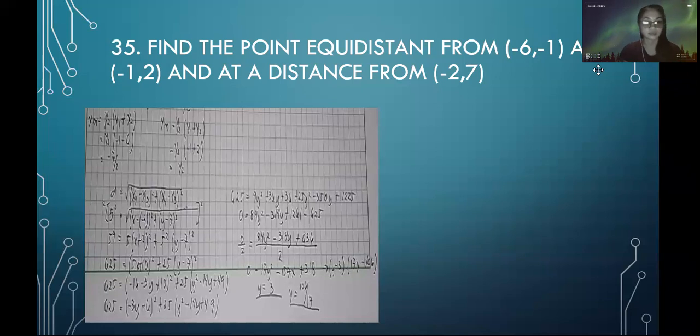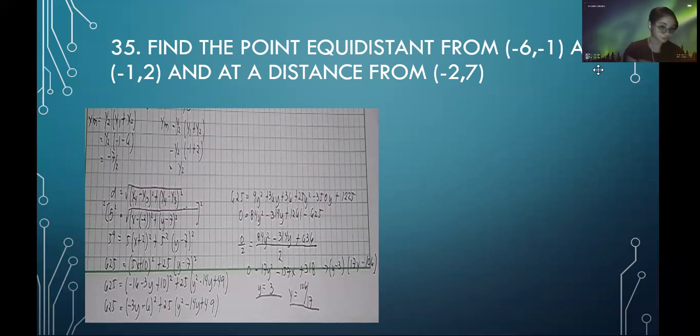Then substitute the values. The value of d is equal to 5. So 5 equals the square root of x minus negative 3 squared plus y minus 7 squared.